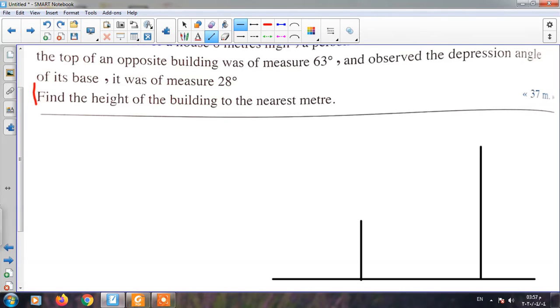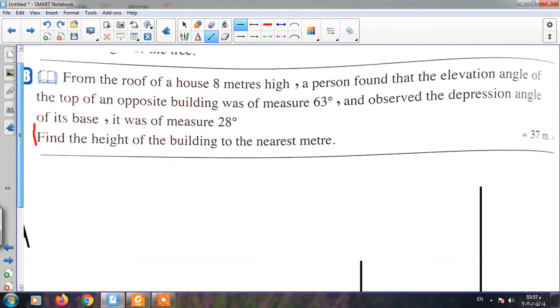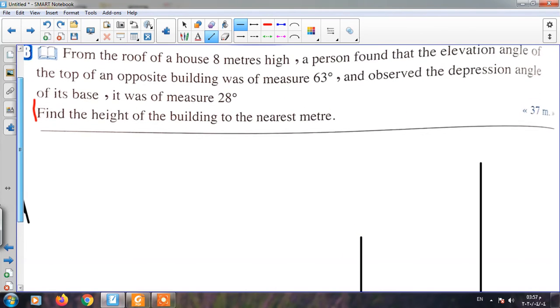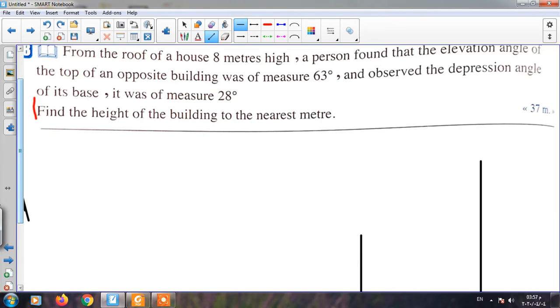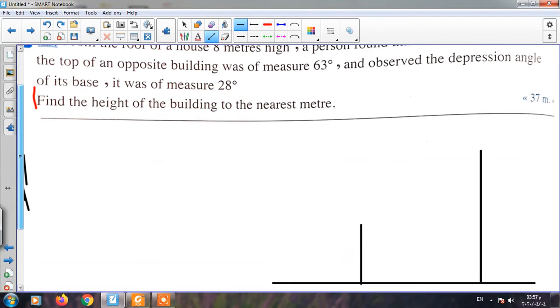From the roof of the house, which is 8 meters high, a person found the elevation angle of the top of the building was 63. He looks at the top here and finds that the elevation angle with the horizontal is 63.